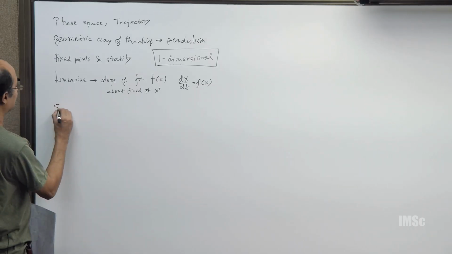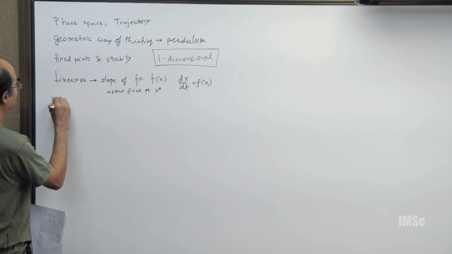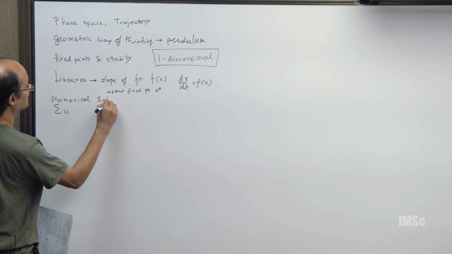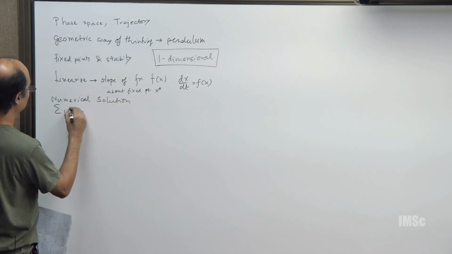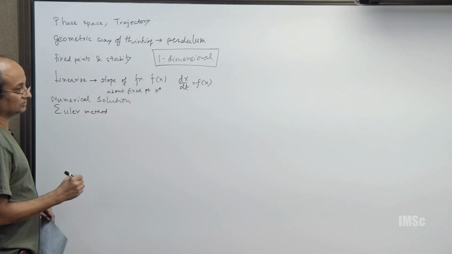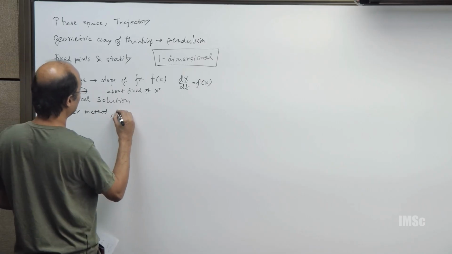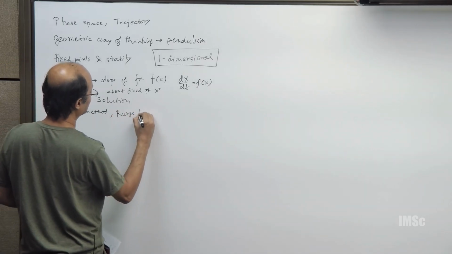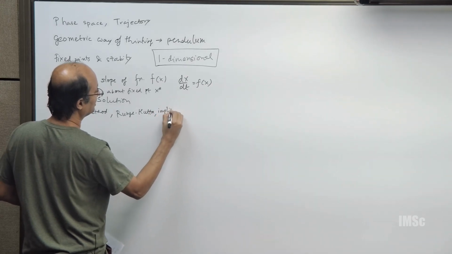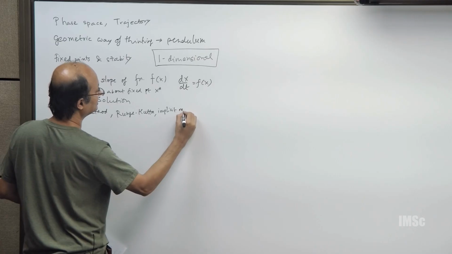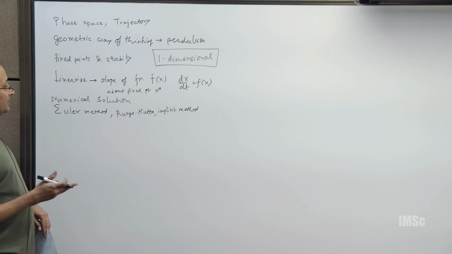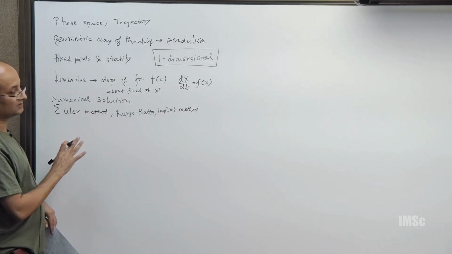So then I said I will do numerical solution, which I couldn't get to. So today we will start from that. So we will look in particular at a method called Euler method. There are other advanced methods like the Runge-Kutta and implicit methods, which I will not touch upon, because basically to make a start all you really need to do is learn Euler method, and the rest you can pick up once you know the basic concept.